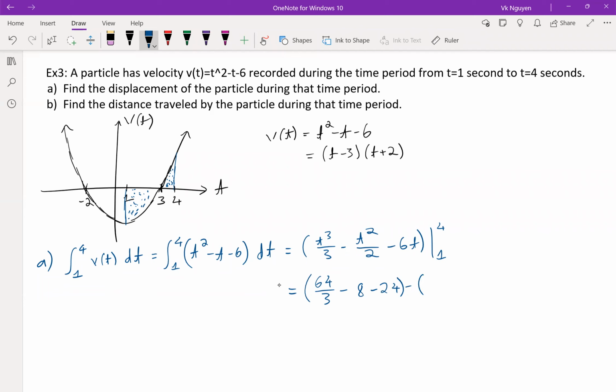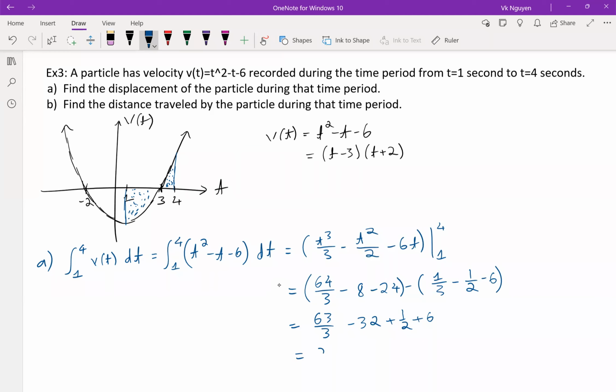Now plug in the 1: 1 over 3 minus 1 over 2 minus 6. 64 over 3 minus 1 over 3 is 63 over 3, which is 21, minus 8 minus 24 is minus 32, minus a minus is plus 1 over 2, and minus 1 times negative 6 is plus 6.